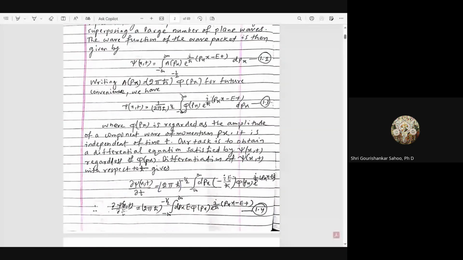So now obtain a differential equation that will be satisfied regardless of the value of phi. Now differentiate psi.